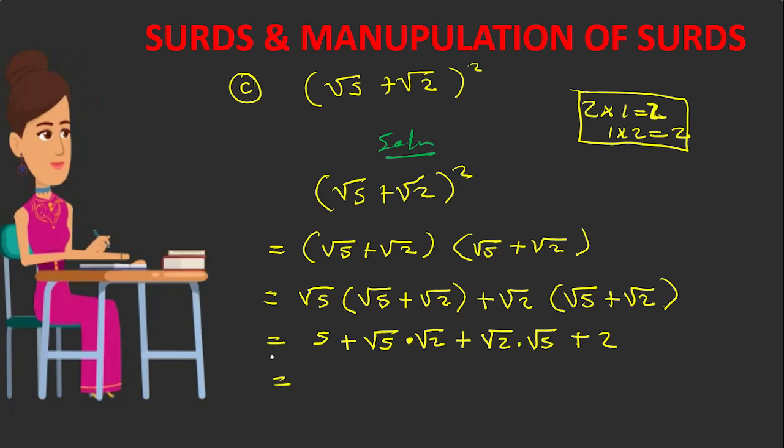There is no sign here. When there is no sign here, it simply means that you are multiplying. So that's why we are saying square root 2 dot square root 5, we write it like that. Then square root 2 times the square root 2, it's what? It's 2. That's why we have written that.